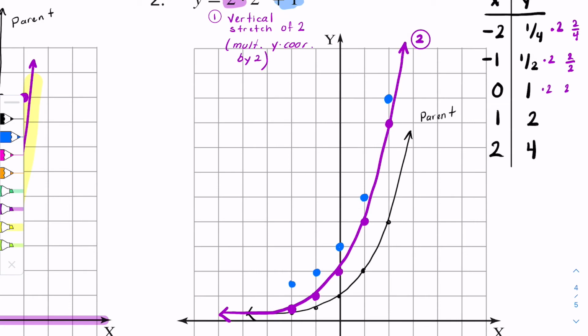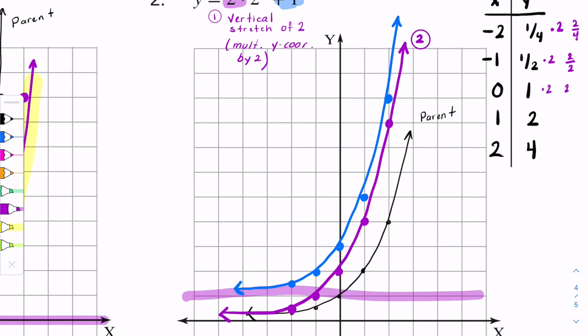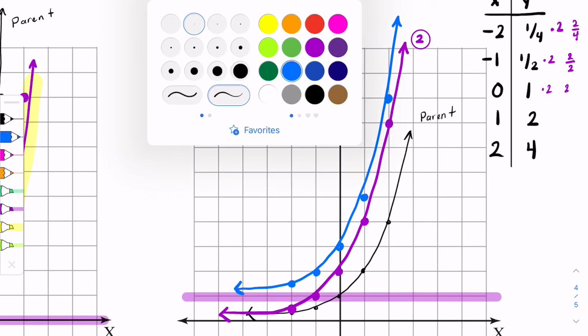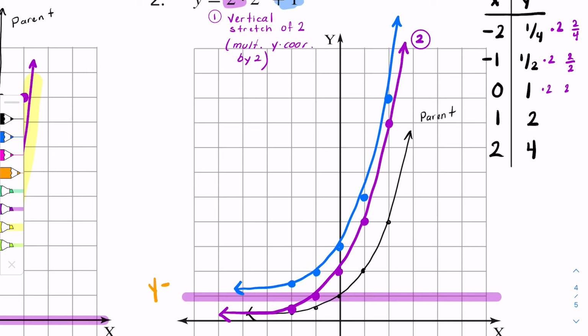Now that we just shifted our graph up 1 unit, our horizontal asymptote also shifted up 1 unit. So when it was previously at 0 for every other graph that we've done, it is now at y equals 1. If the graph shifts up, so does the asymptote. Horizontal asymptote is at y equals 1.